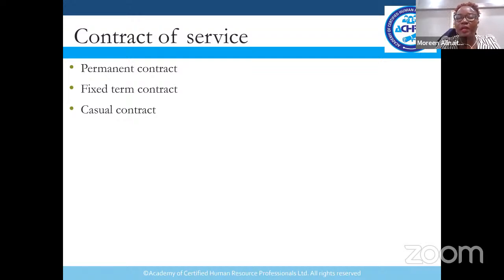There are scenarios where somebody employed on a casual basis can still be attributed the rights and obligations as stated in the Employment Act. So these types of contracts are governed by the Employment Act, and we're going to be going into detail to see what terms and specific clauses you should have in your contract, okay?